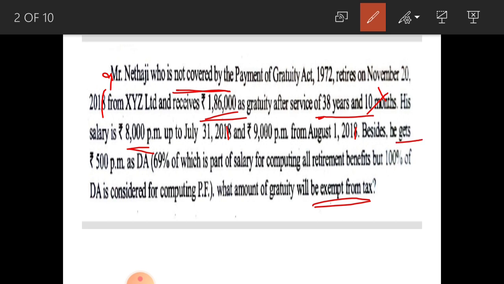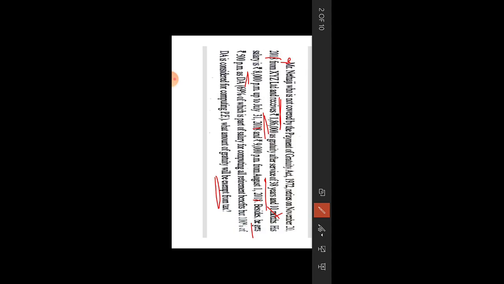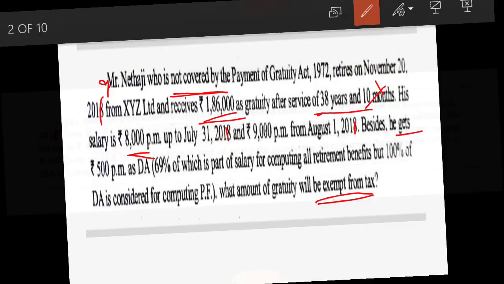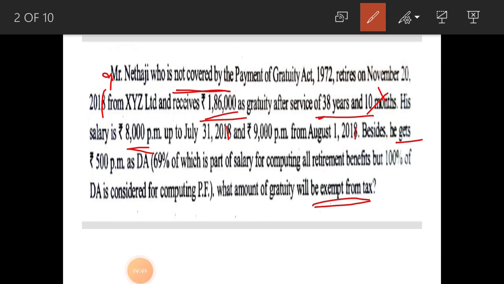Besides, he gets 500 per month as DA. As I told you before, under not covered by the Payment of Gratuity Act, you have to consider DA only if it is mentioned as retirement benefit. In this problem, they mentioned that 69% of which is part of salary for computing retirement benefit.